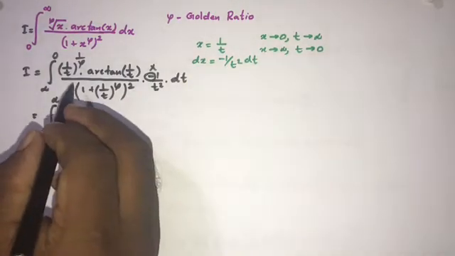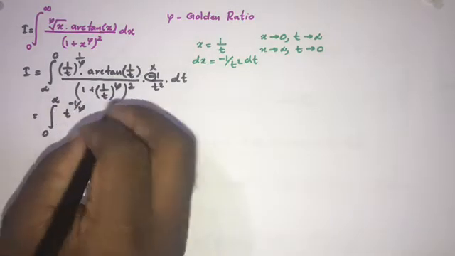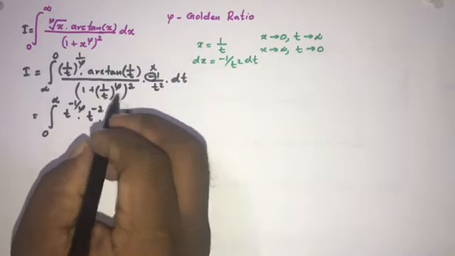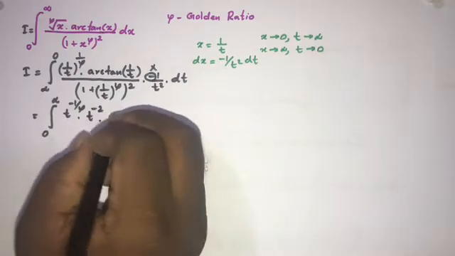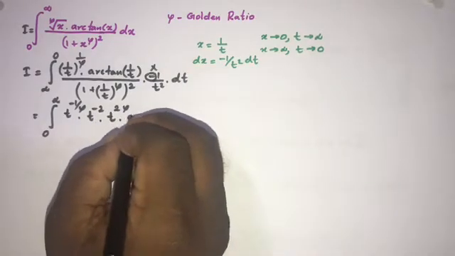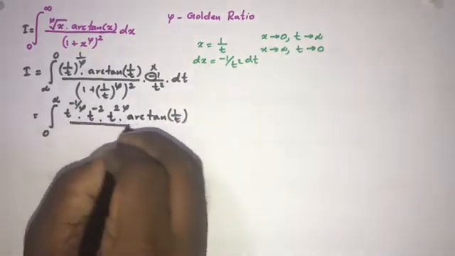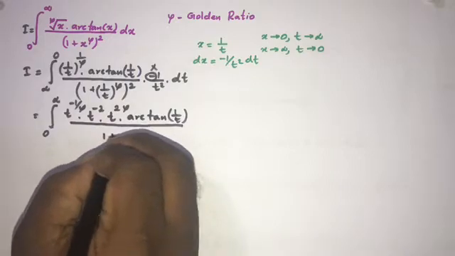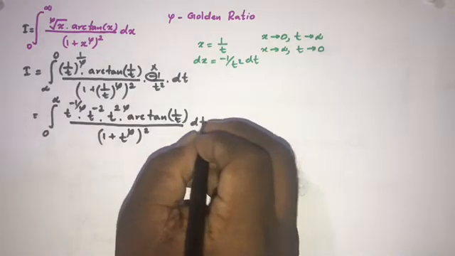When we change the limit, this minus gets cancelled. Okay, now here we have t to the minus 1 over φ, here t squared, so we can write t to the minus 2. Here we have (1 over t) raised to the 2 times φ, so we can write t raised to the 2 times φ, and then arctan of 1 over t. In the denominator we have (t raised to the φ plus 1) squared, dt.